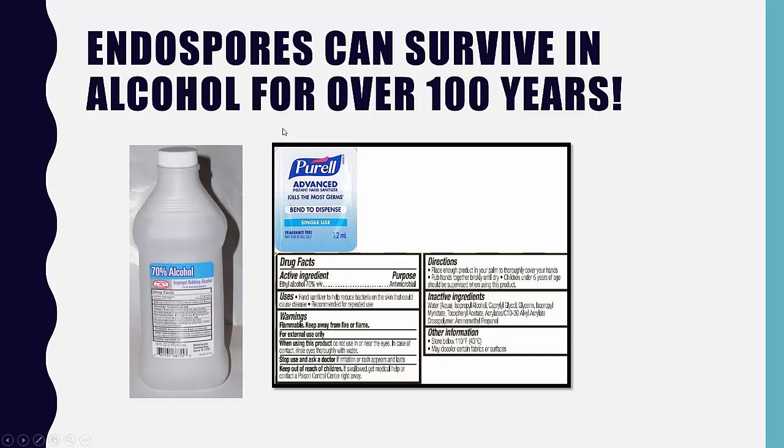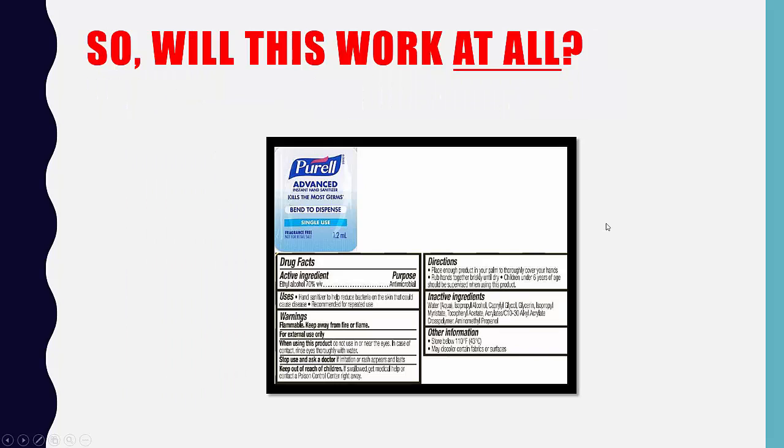So let's look at alcohol-based hand sanitizers for a moment, shall we? What is their active ingredient? They have inactive ingredients, which is pretty much water and gooey stuff. The only thing they're using to kill your bacteria is ethyl alcohol, ethanol. It's alcohol, 70%. Is that going to work at all?